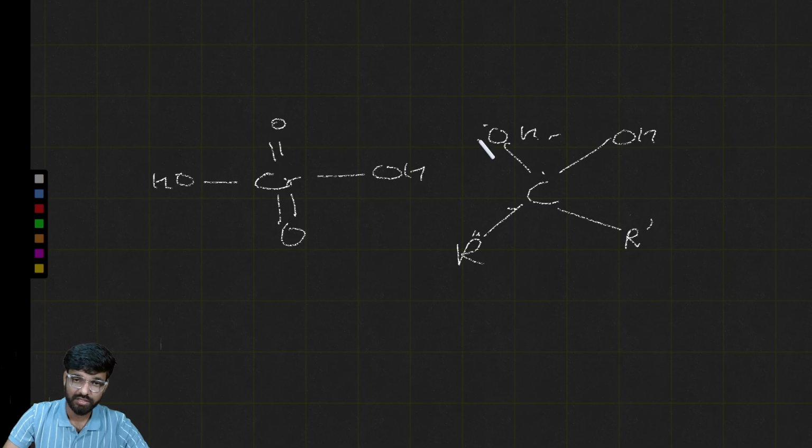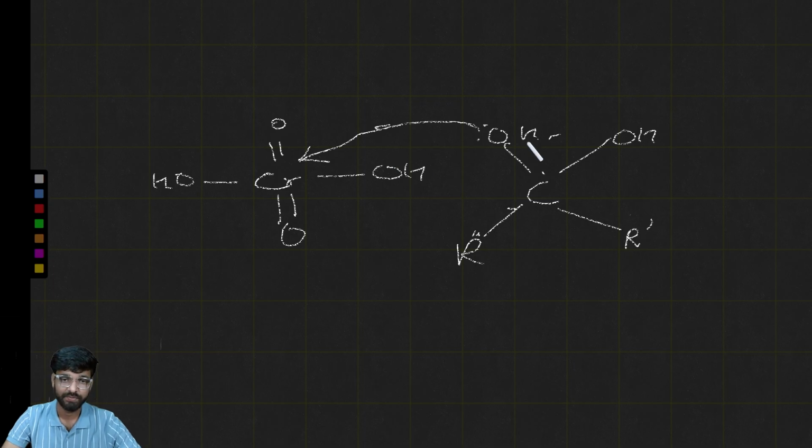Now the lone pair on oxygen will attack here. In the next step, this pi bond will go here and it will revert back and kick out this OH.